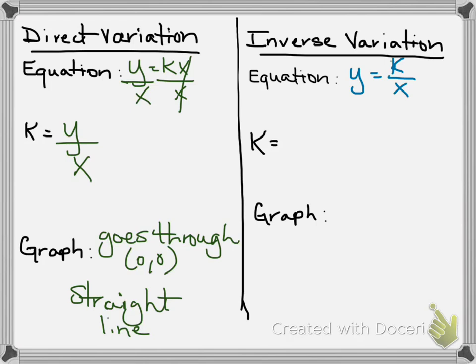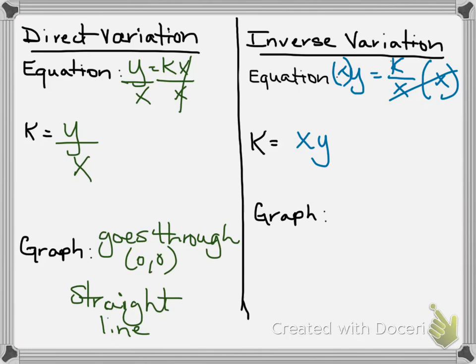Okay. Now, inverse variation, this is my equation. Y equals my k constant divided by x. And if we solved for k here, remember we had to multiply both sides by x. And then k equals x times y, right?